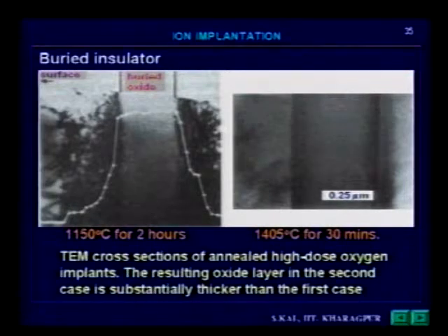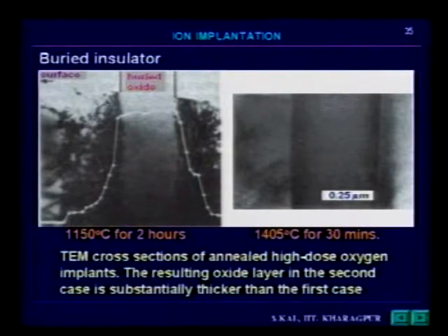Okay, and that will contribute to a change in the conductivity, etc. So the heavy metal impurities lead to enhanced junction leakage current.